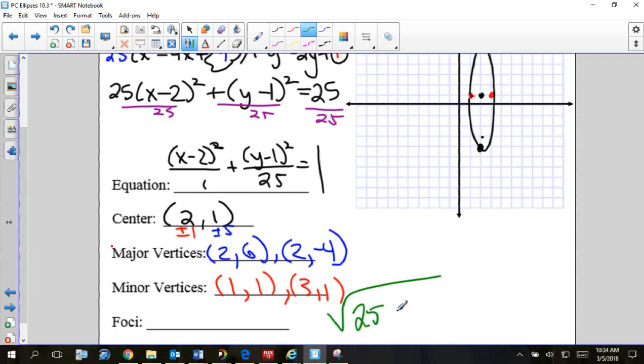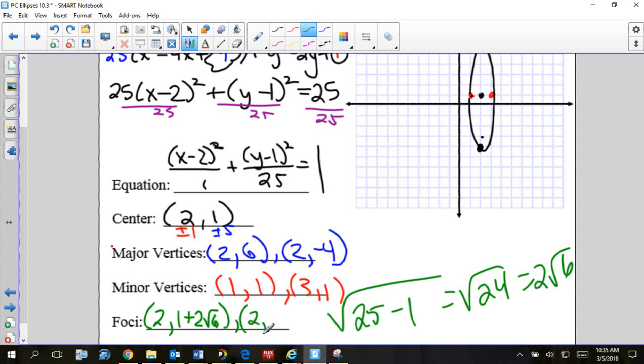Square root 25 minus 1 is square root 24, so 2 radical 6. And that's going to be vertical, so we'll have 2, comma 1 plus 2 radical 6, and 2, comma 1 minus 2 radical 6.